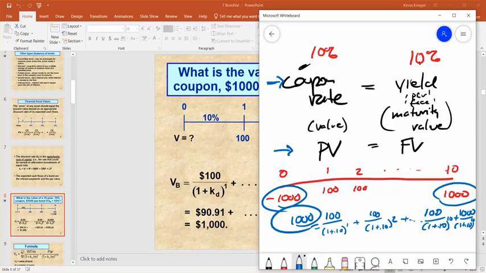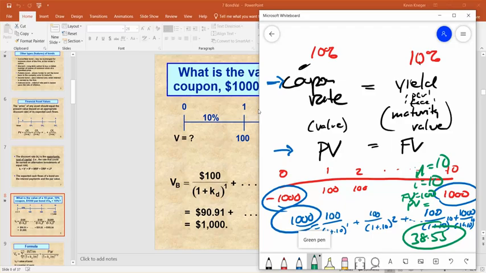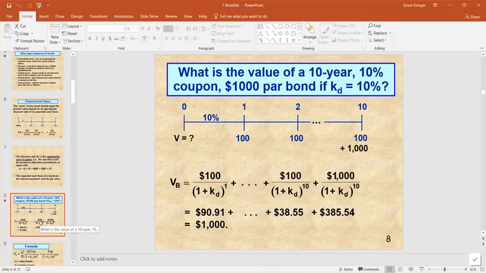You can do this all in your financial calculator too, of course. You can do for each of these, N is 10, I is 10, future value 100, and present value, and that was where you get the 38.55 right here. You can do them that way, as we had back with our TVM chapter, or you can do them by dividing by 1 plus the yield to the nth power.